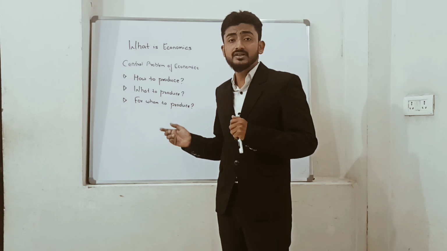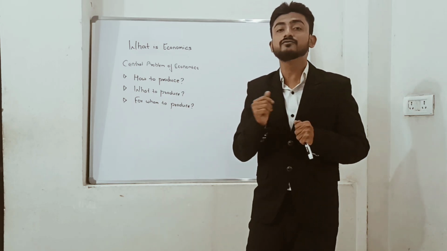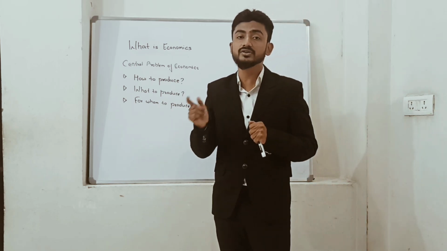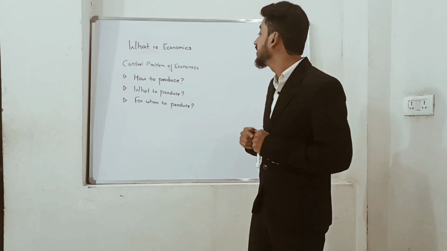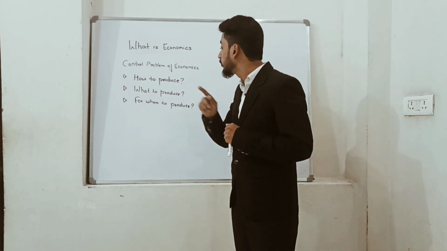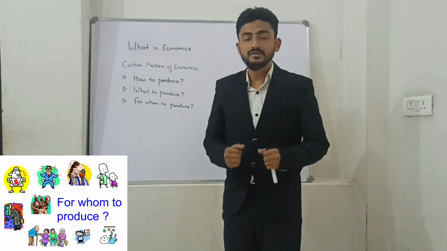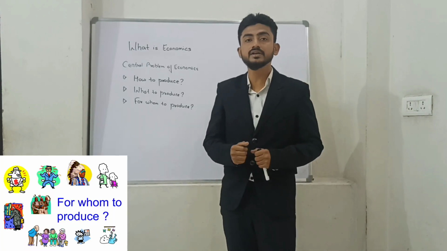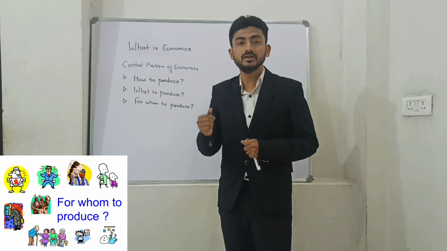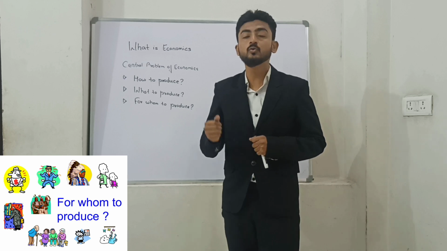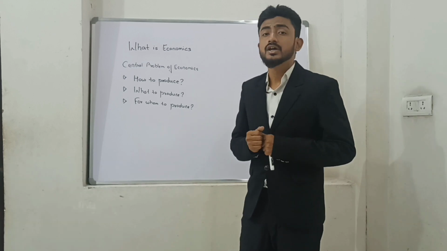So firstly, you need to analyze the market, that is, what types of demand for a product or service exist in the market. The third one is for whom to produce, since producers are interested in producing goods or services for those buyers who will pay them the price.